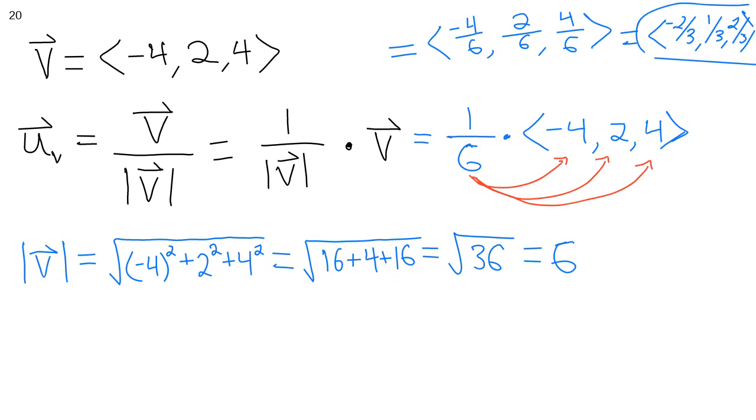That is the unit vector of V. So that means if you graph V, I don't know what V looks like. Let's just say V is like this.